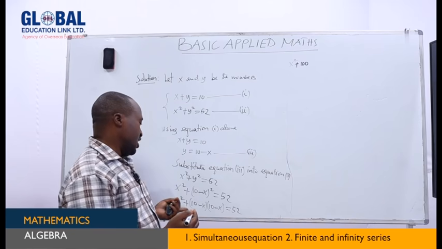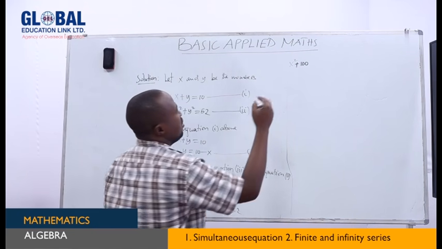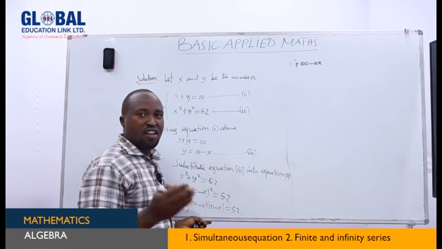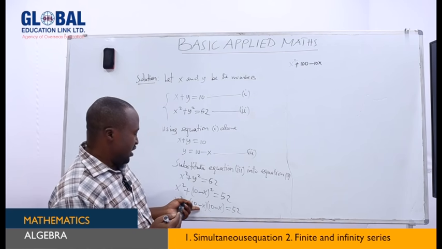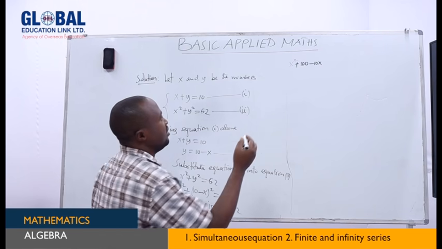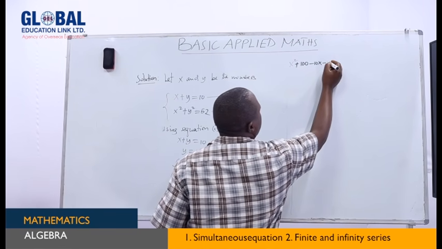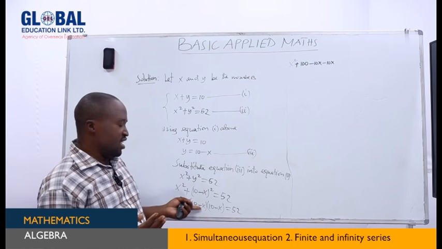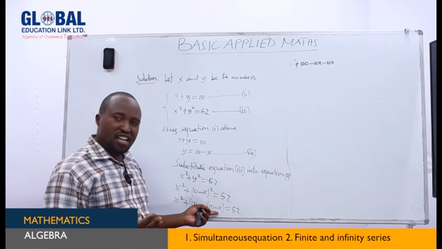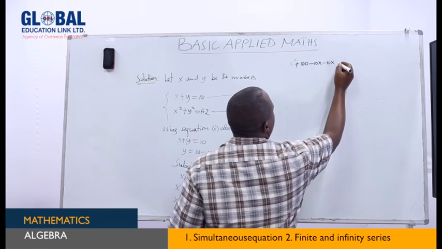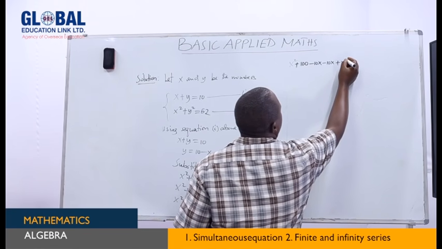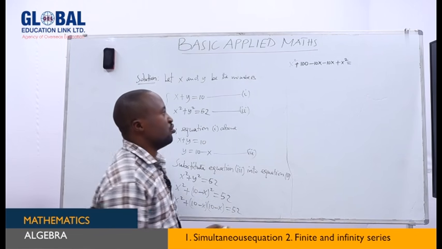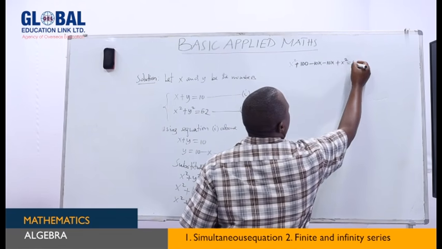Then 10 times negative x is negative 10x. Again, negative x times 10 is negative 10x. And the last one is negative x times negative x, which is positive x squared, which is equal to 52.